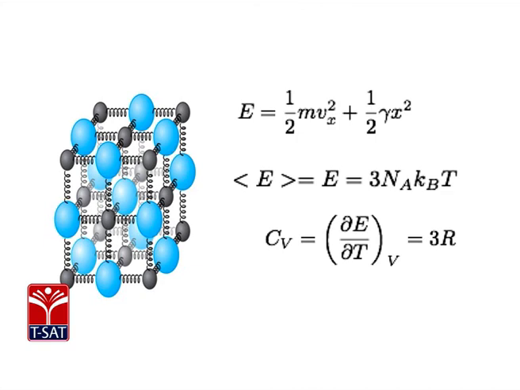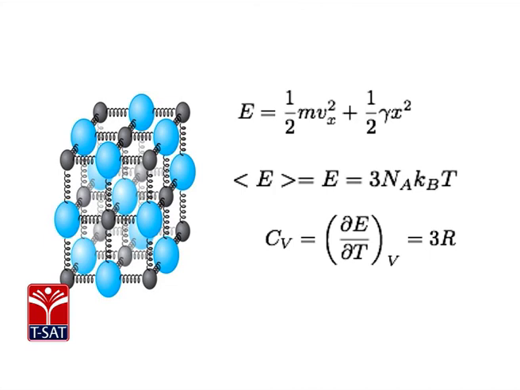When they are vibrating, they will have kinetic energy, shown on the monitor as half mv squared, and potential energy, shown on the monitor as half gamma x squared. So the average energy is taken as 3 Na kB T. Here kB is the Boltzmann constant, T is the temperature, and Na is the Avogadro number.